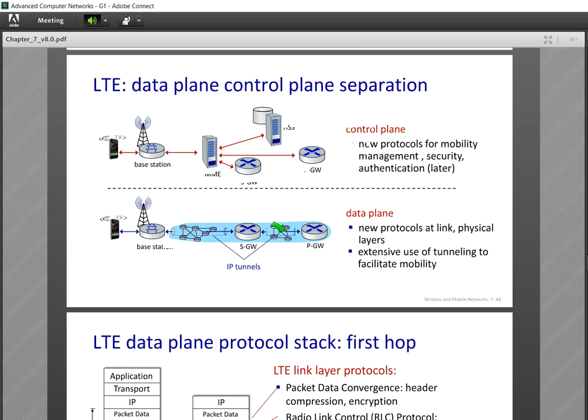Because my user is a mobile user. He can move from one place to another, so you have to create a tunnel while being aware of the mobility of the user.